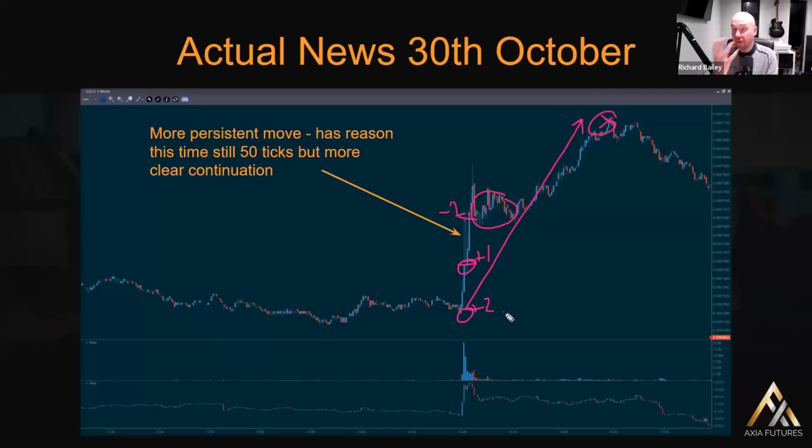So let's say on that one where it whips back down and it seems to stick at 38. You look at a footprint, particularly if you've got a range or rotation-based footprint, and you can see that it does seem to stick at 38. And you would expect to see absorption from buyers. So as the market comes down, you see selling, so you see this passive buying. The footprint's very useful for that.